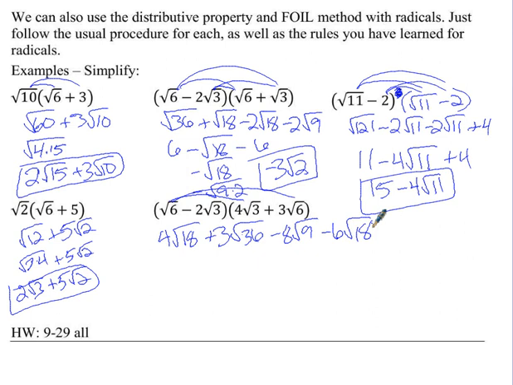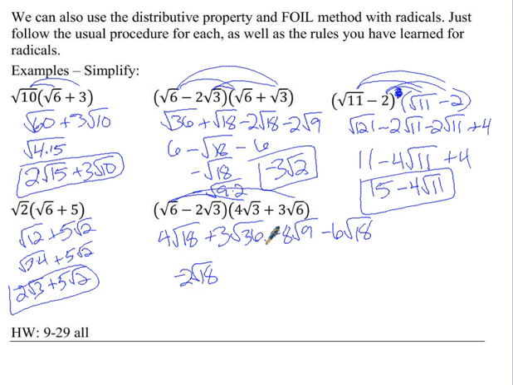All right, combine like terms. Do we have any like terms? Where? 4 square root 18 minus 6 square root 18 gives me negative 2 square root 18. All right, so these two guys are gone. Now we have these two middle guys. Simplify them. How do I simplify this one?